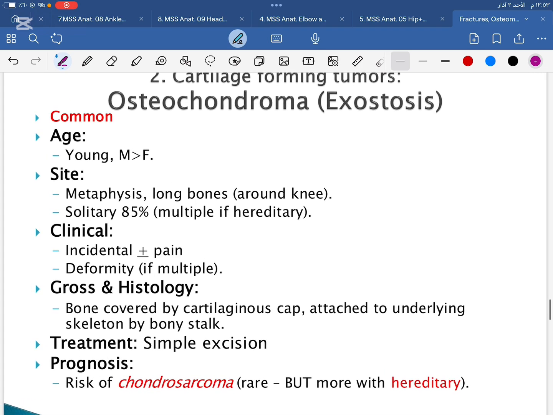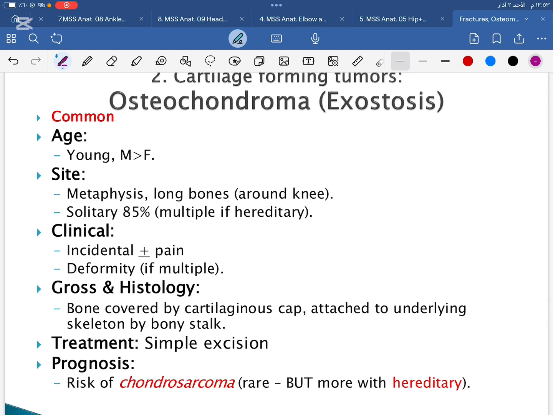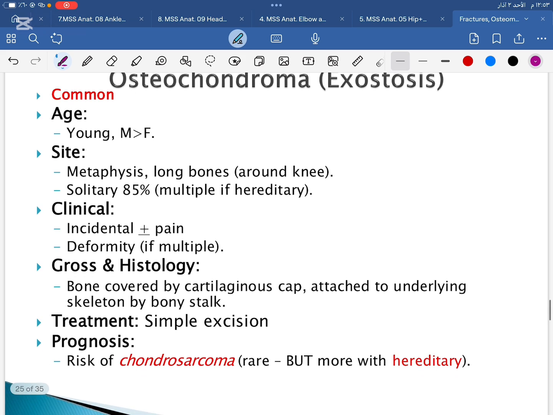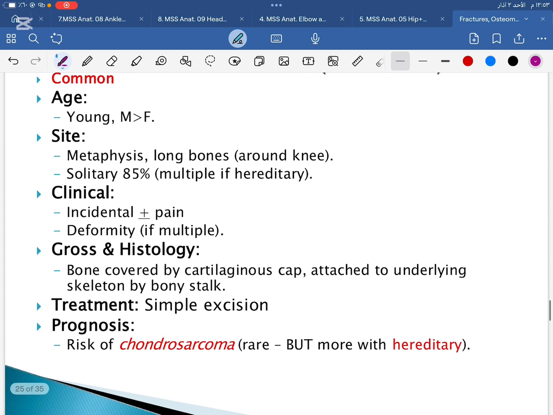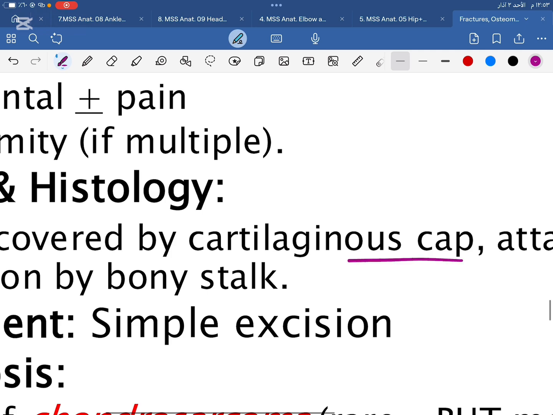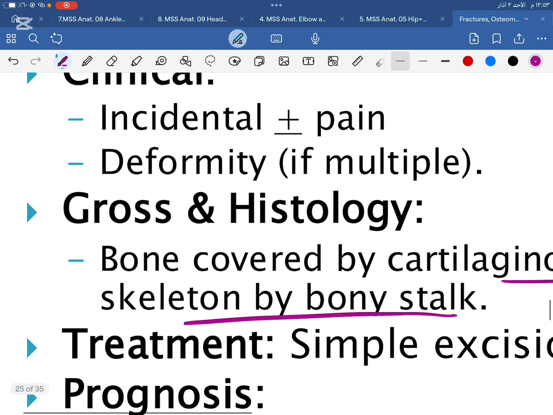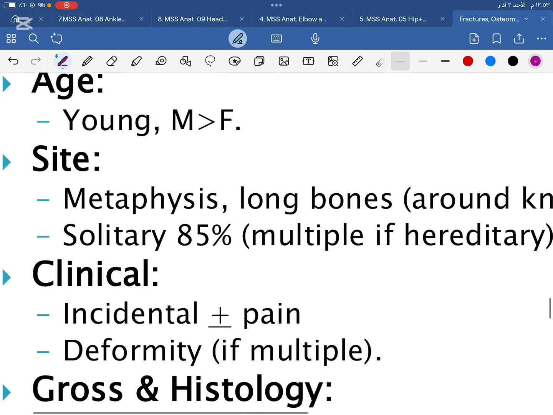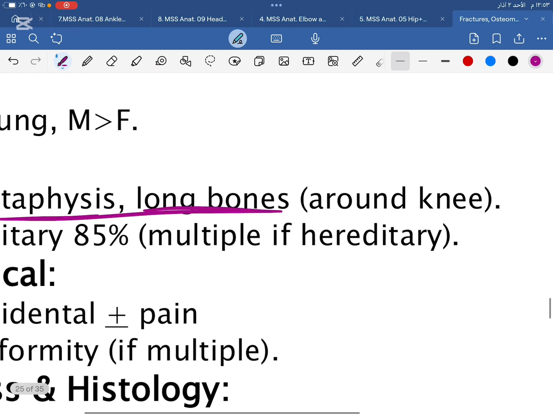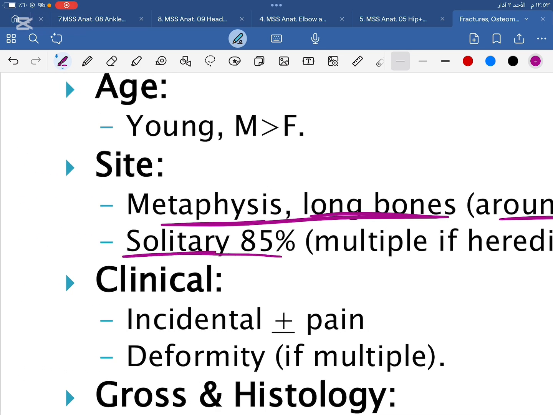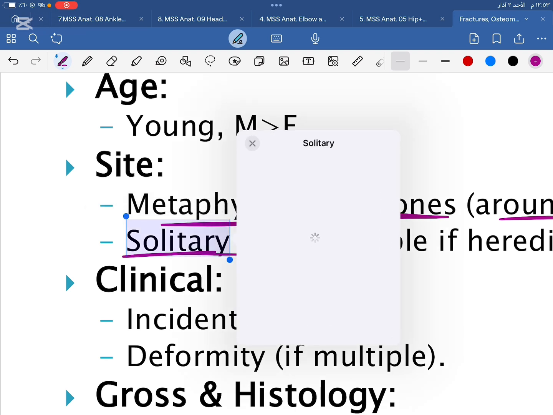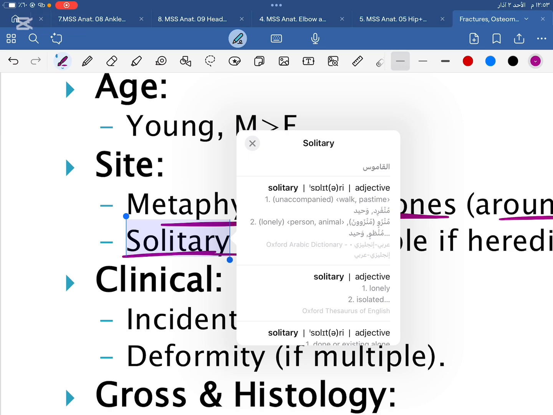It has a cap, an ossifying cartilaginous cap, and a bony stalk. Okay, it affects the young age group, males more commonly. Site: metaphysis of long bones. It is usually solitary in 85%. It could be multiple with the hereditary disease, hereditary multiple exostosis syndrome.